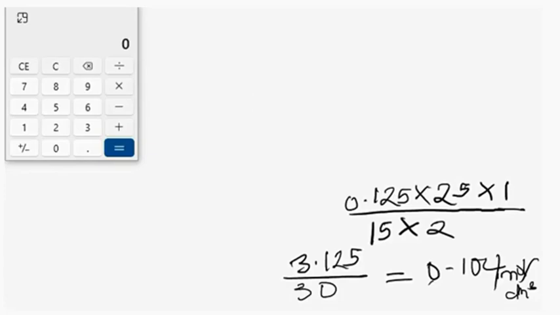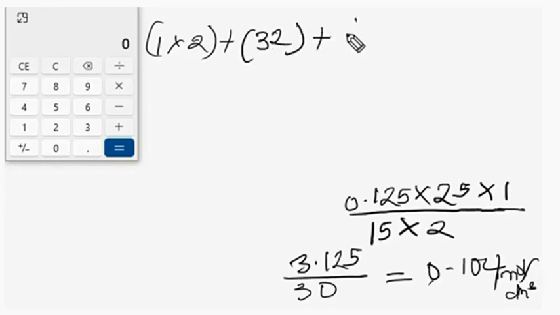Remember, the acid is H2SO4. So if we want to check out the molar mass, H2 is 1 times 2, right? H is 1, then multiplied by 2, that's 1 times 2, then plus sulfur is 32, and then O4, oxygen is 16 times 4.